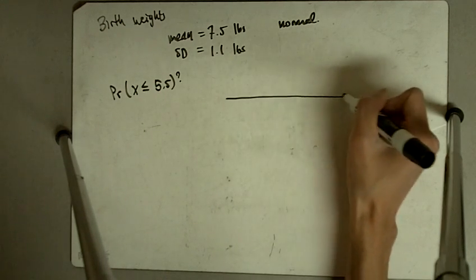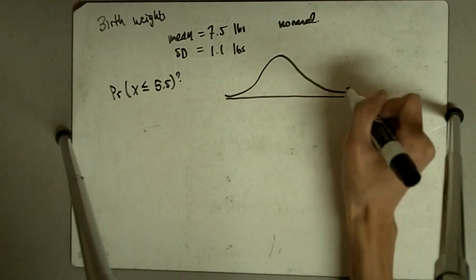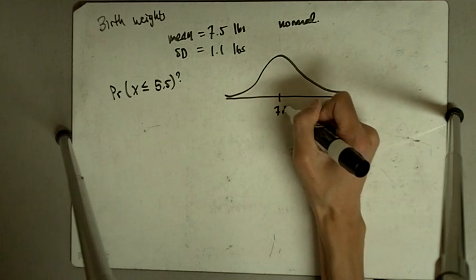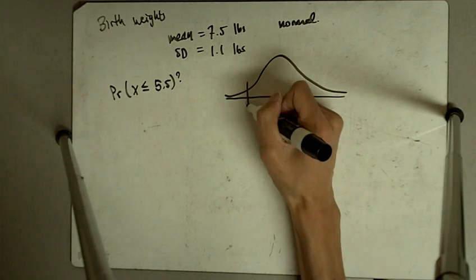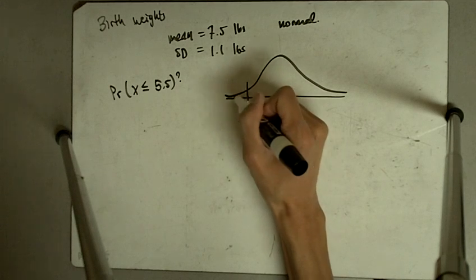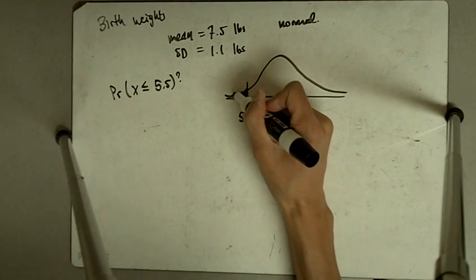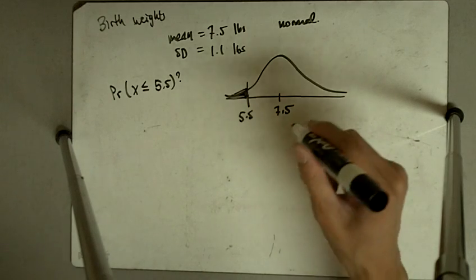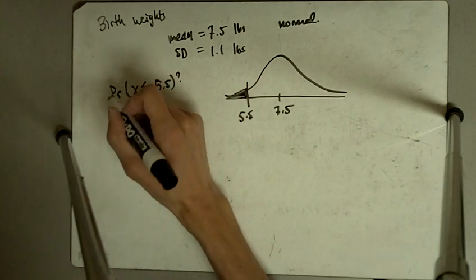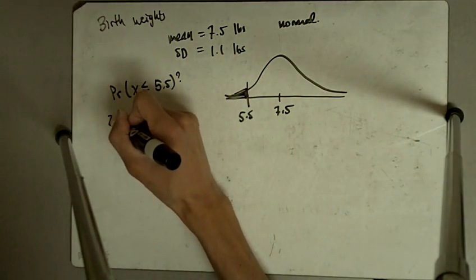So in this case, we draw our normal model. We're centered at 7.5, and we're going down to 5.5, and we want to know the probability of being 5.5 or less. We know the answer for sure, whatever it is, it's going to be less than 50%, just using some common sense. So we've got to figure out our z-score.